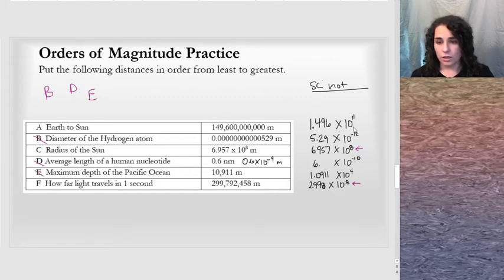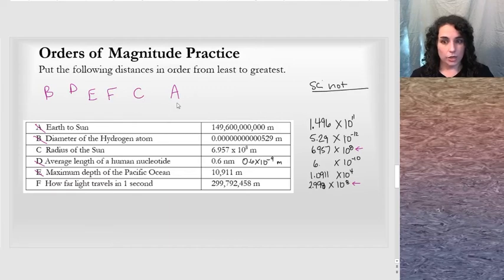Then it looks like the largest one is definitely A, and I have to place the other two based on this power of 8. Which one's larger, 6.9 or 2.998? So it looks like this is the second largest, and this is the third largest. So I'll put an F there, and then the other one is C.